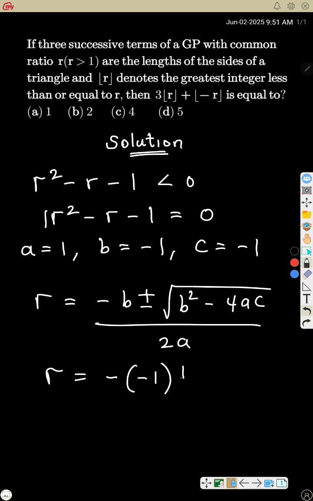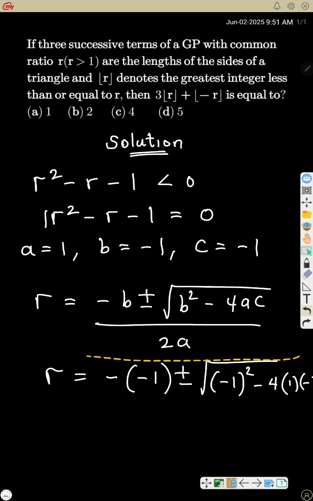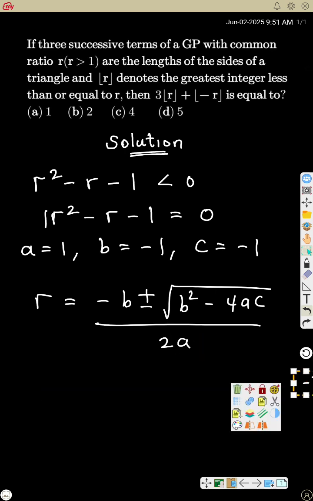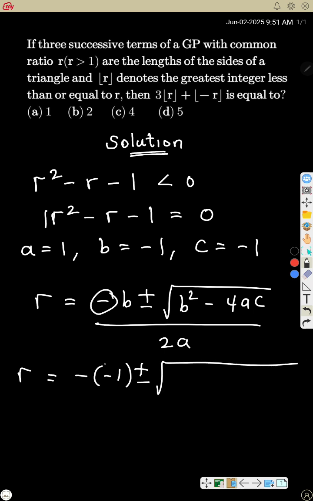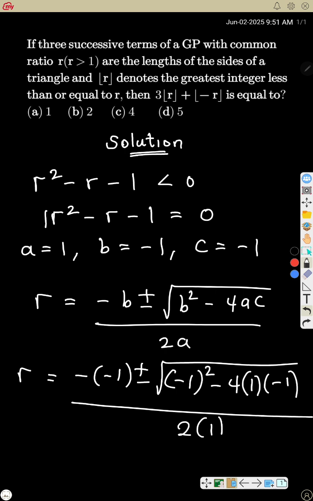So that will be minus minus 1, plus or minus square root of B square, that's minus 1 square, minus 4 times A which is 1, times C which is minus 1, everything over 2A.